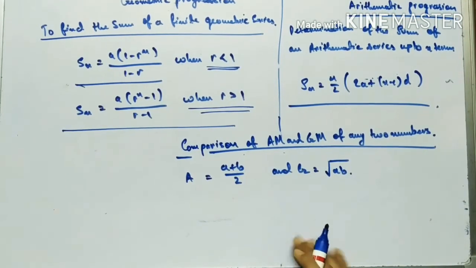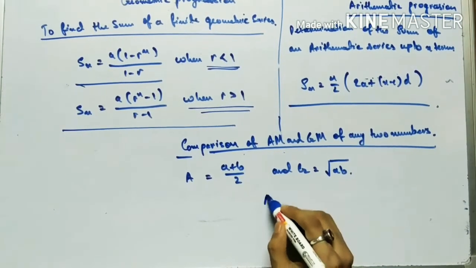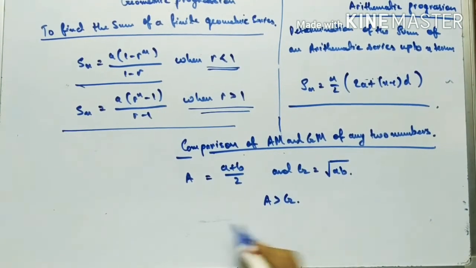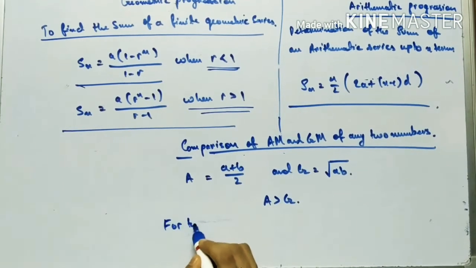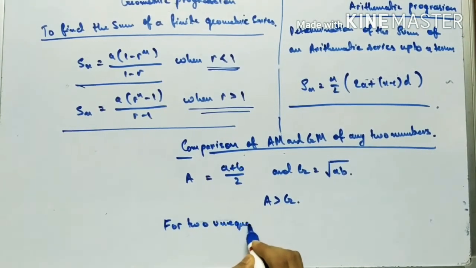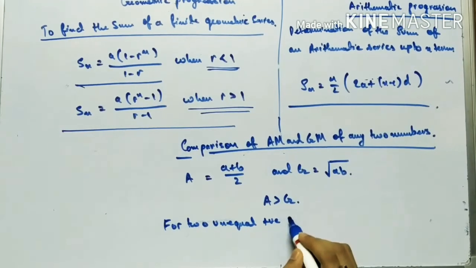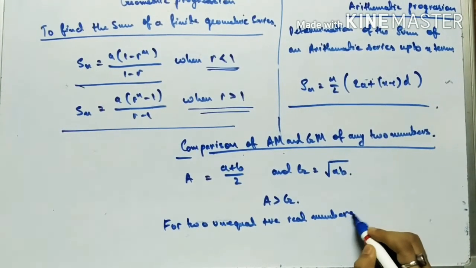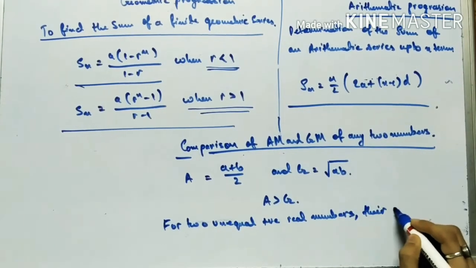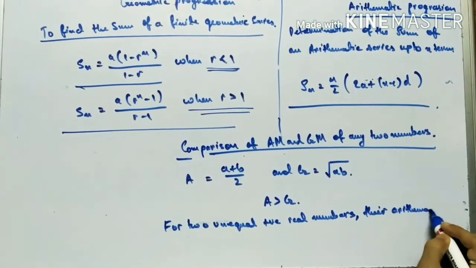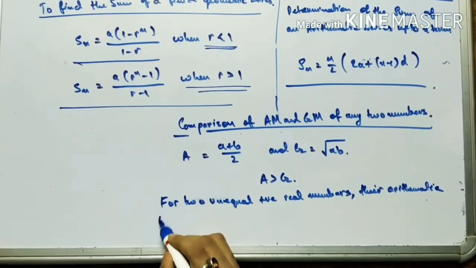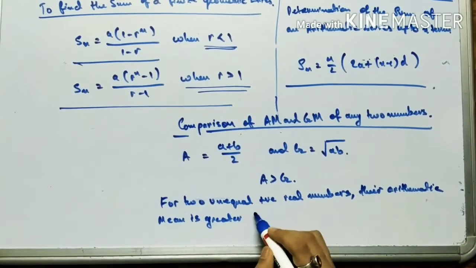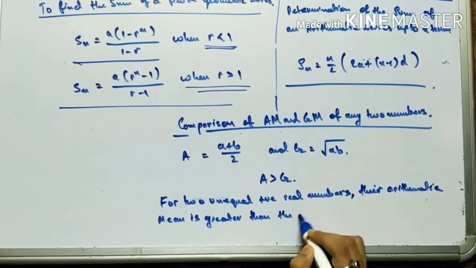One thing you remember is that A is greater than G. That means for two unequal positive real numbers, their arithmetic mean is greater than the geometric mean.